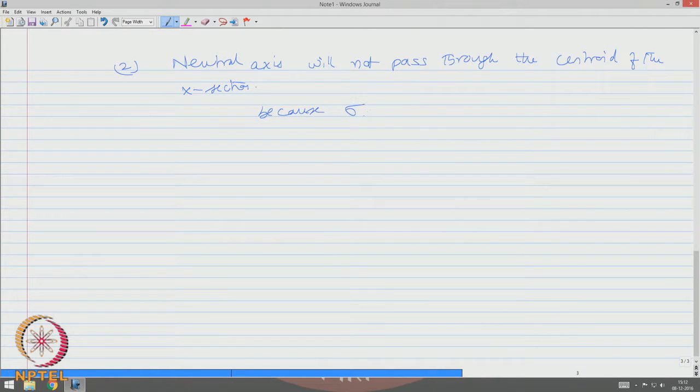It is also interesting to note that the neutral axis will not pass through the centroid of the cross section, because the stress in the concave side is not equal to the stress in the convex side.